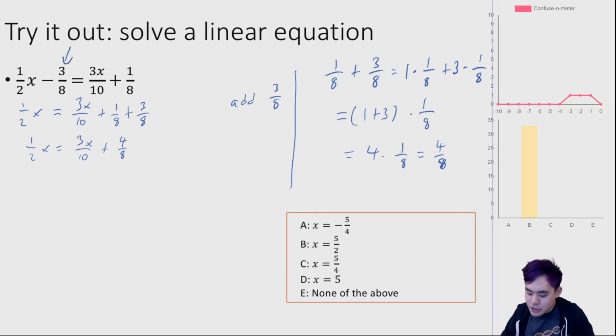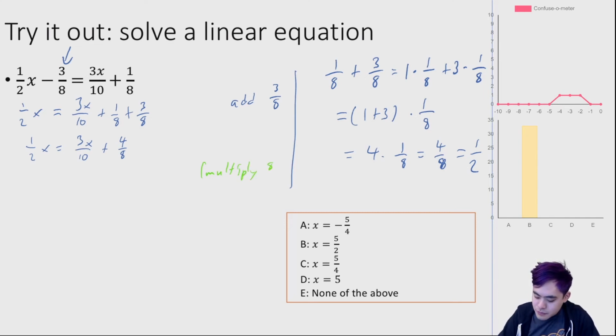If you knew that this was 1/2, that would make this a lot easier, but sometimes it's hard to recognize those things. If you were to recognize that, that would make life easier, but let's say we don't recognize it. So what we're going to do now is multiply by 8. Let me do this in a slightly different color. Multiply by 8 on both sides. Well, what's 8 divided by 2?